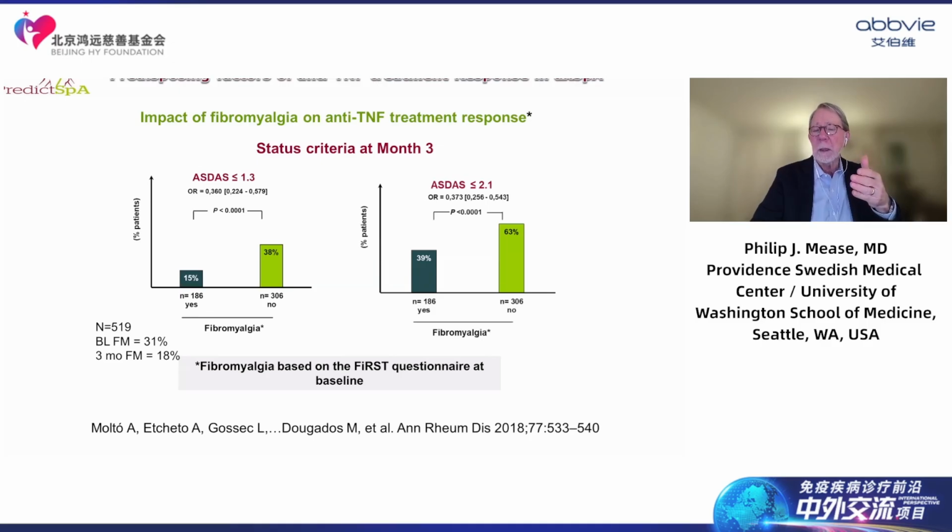And as you can see, the patients that did have concomitant fibromyalgia were less likely to achieve an ASDAS low disease activity or remission response with TNF treatment.